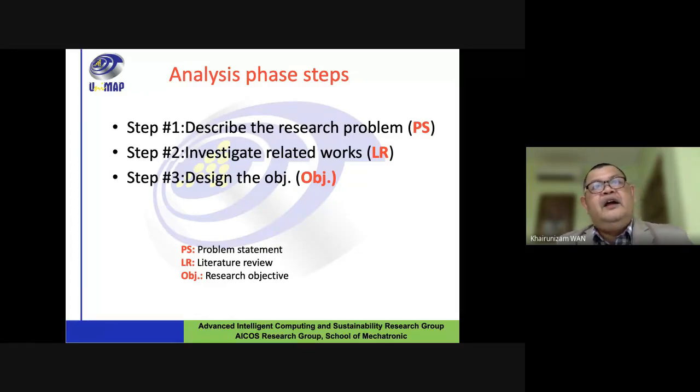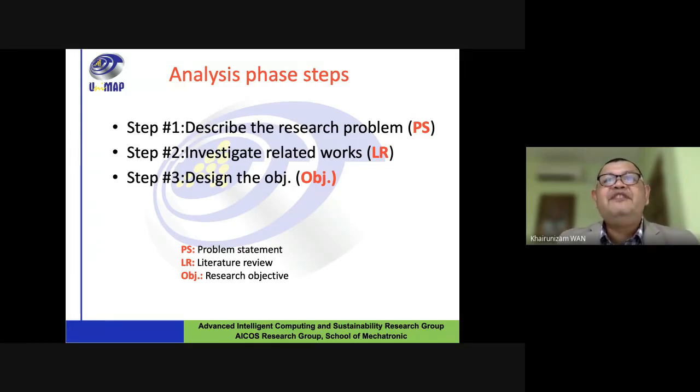Why? In the first semester you are producing a research proposal. If your research proposal is good, then in the second semester the experiment that you design will also be good, the result that you obtain is also good, and the conclusion that you draw is also good.